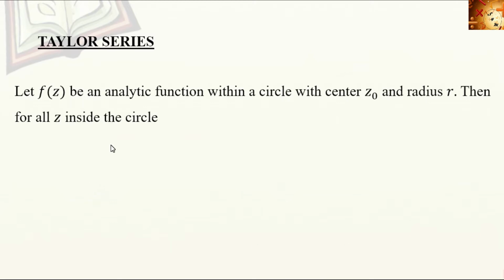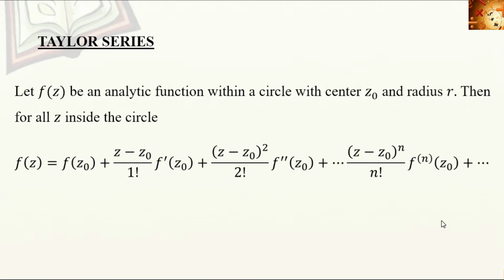Then for all z inside the circle we have f of z equal to f of z0 plus (z minus z0) divided by 1 factorial into f dash of z0 plus (z minus z0) whole square divided by 2 factorial into f double dash of z0 plus etc., plus (z minus z0) whole power n divided by n factorial into the nth derivative of f at the point z0 plus etc. So any analytic function within a circle with center z0 and radius r has a series expansion like this.